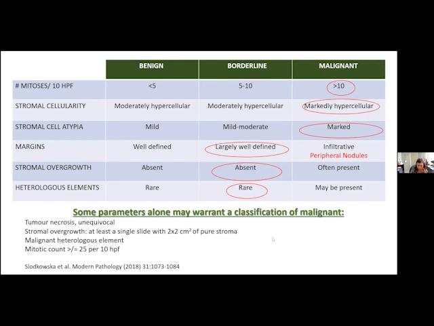She and her colleagues wrote a paper in Modern Pathology in 2018, Fibroepithelial Lesions of the Breast: a comprehensive morphological and outcome analysis of a large series, in which they showed that some of these things alone, such as unequivocal tumor necrosis, extensive stromal overgrowth equal to at least a 2 by 2 square centimeter area of pure stroma, a malignant heterologous element, and possibly a mitotic count greater than 25 per 10 high power fields, if you saw any of these alone, may warrant a classification of malignancy on its own.